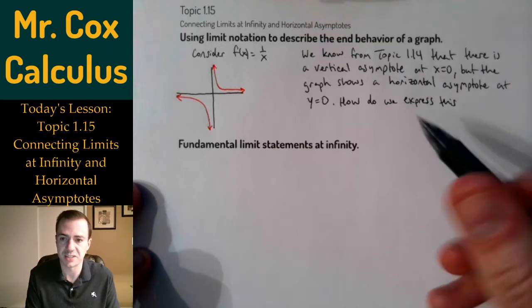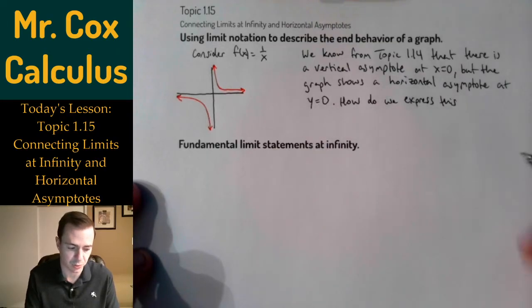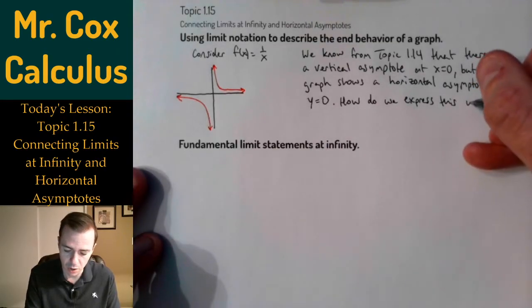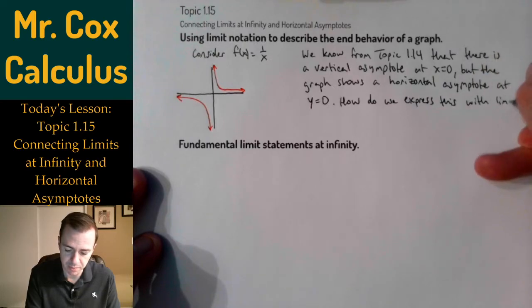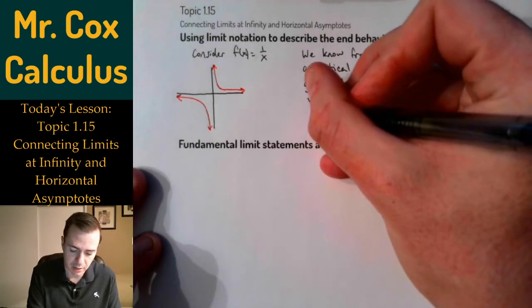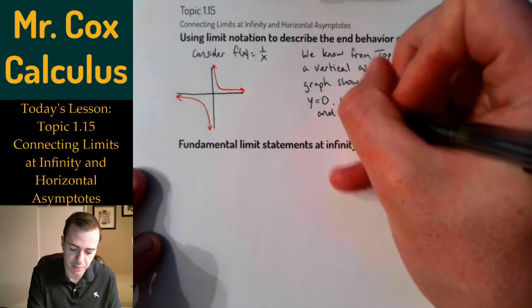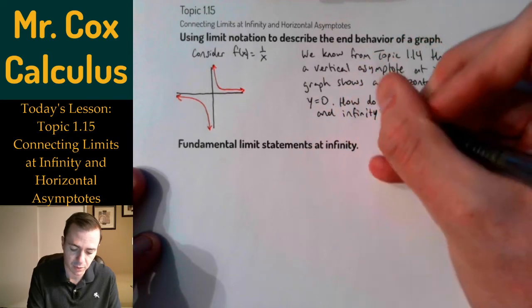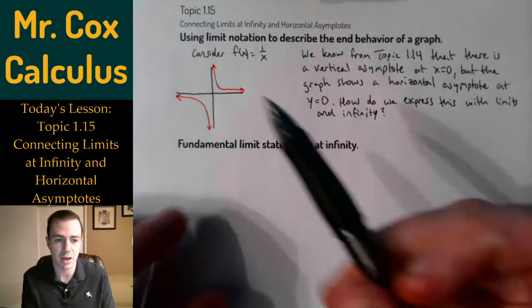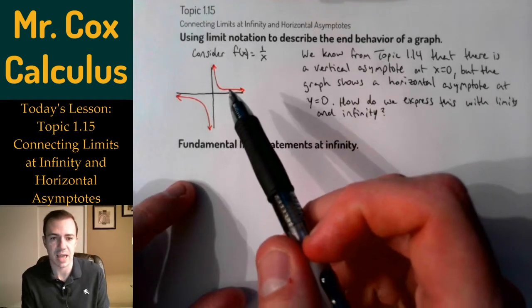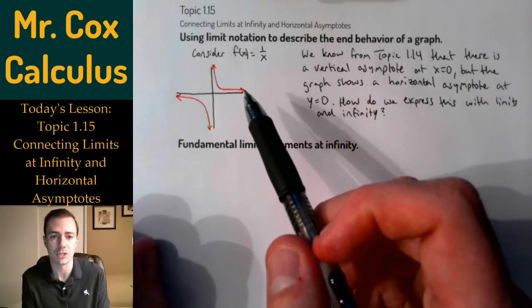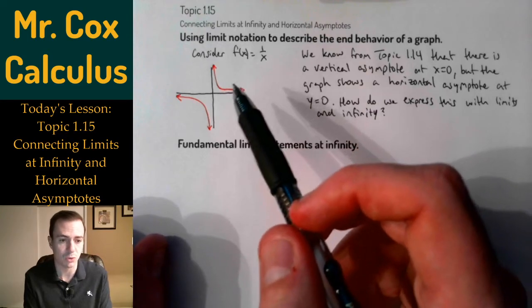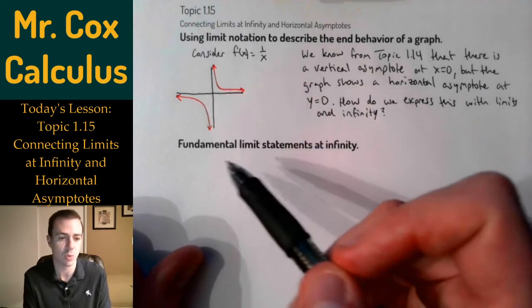So the question in front of us right now is, how do we express this idea that there's a horizontal asymptote at y equals 0 with what we know with limits and our concept of infinity? Well, if we think about how we already described it, we said as x grows really, really large, the function values approach 0. Again, 1 over 10, 1 over 100.